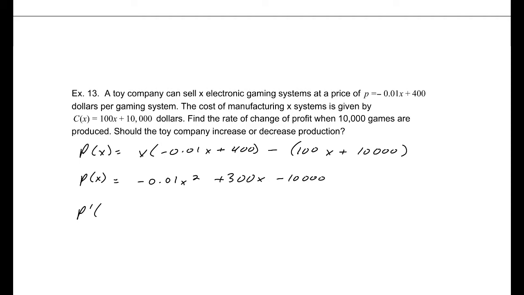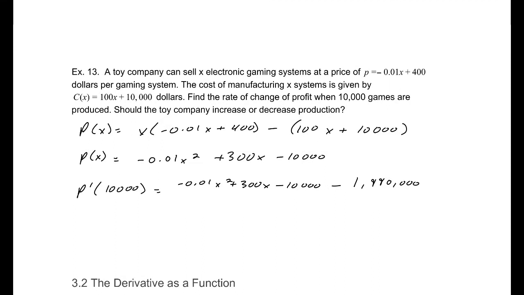It is the limit of P of x, negative 0.01x squared plus 300x minus 10,000, minus, if we evaluate that at 10,000, which is 1,990,000.